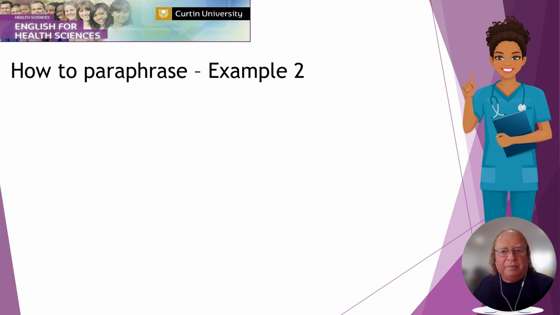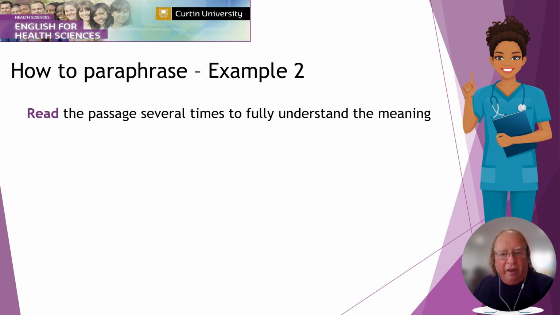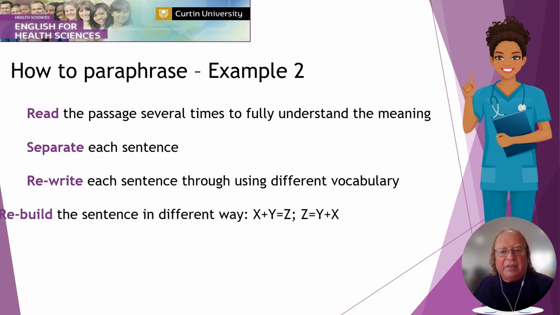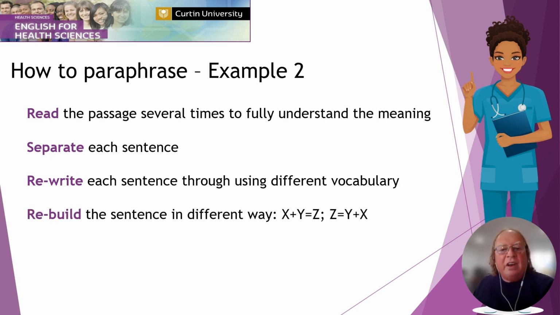another example. Again, of course, we read very carefully, but in this case, it's a more extended piece of text. And I'm going to pull the sentences apart, as you will see. And I'm going to work sentence by sentence in this case. And as I write the sentences, I think about how I could rebuild the sentence.